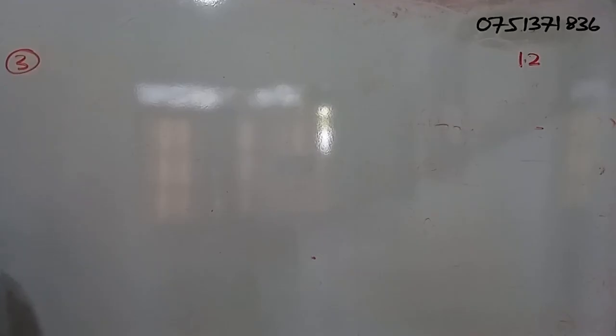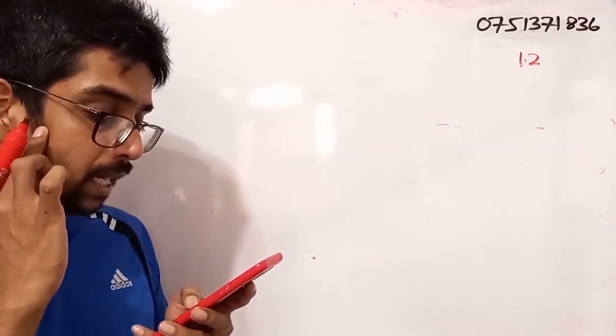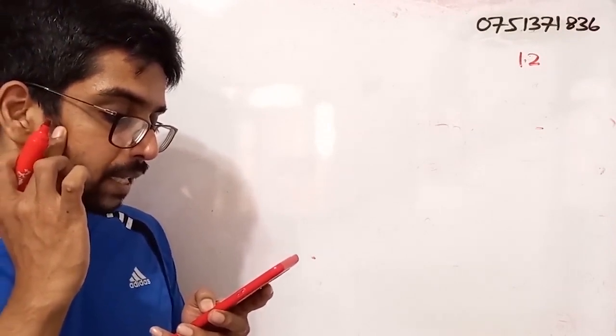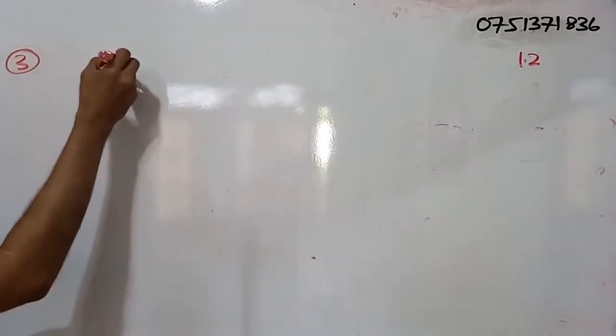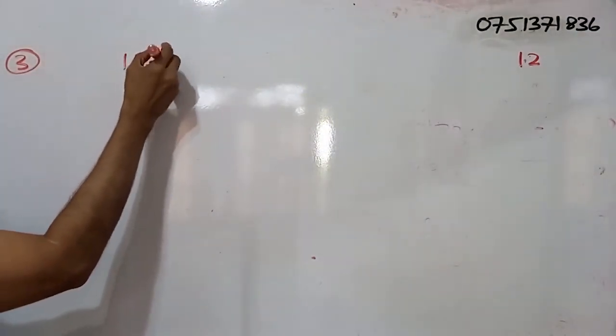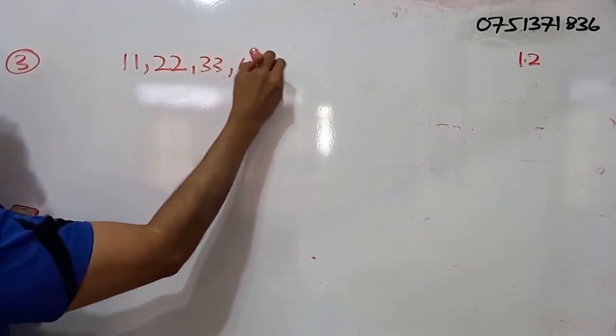In the number pattern 11, 22, 33, 44 of the multiples of 11 starting from 11 and written in ascending order, what is the general term? What is the ninth term? Which term is 121? Right. So first of all, we will write down the number pattern 11, 22, 33 and 44.